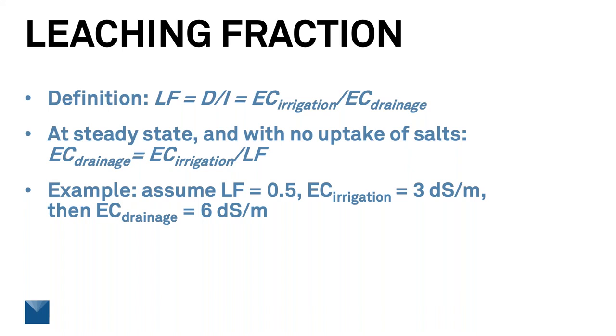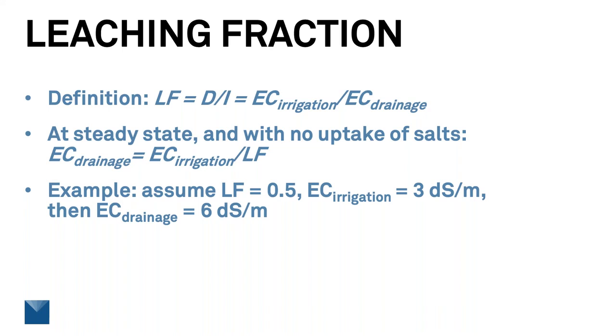Now, to simplify this idea of how we would use the electrical conductivity, we can start by assuming a steady state and no plant uptake of salts. In that case, we can also calculate a leaching fraction from the ratio of electrical conductivities that I've shown in that top equation.